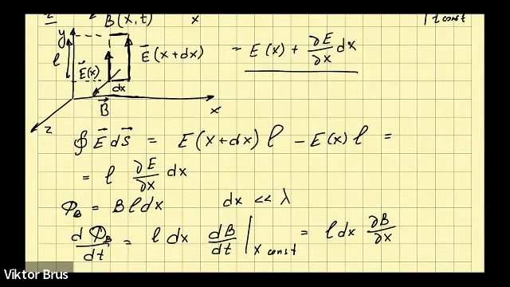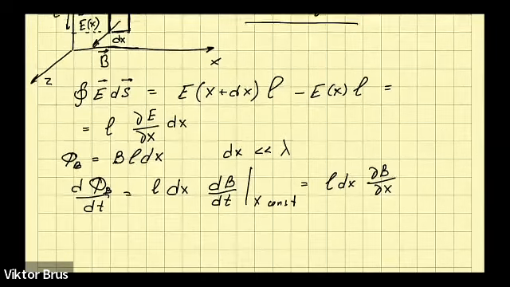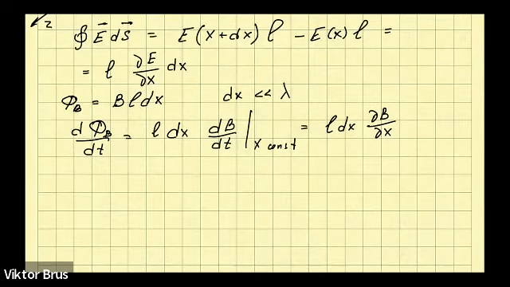So now we have the left and right sides of this Faraday's equation considered in the scope of this example. And we can write the following. The left side is L times dE over dx times dx.